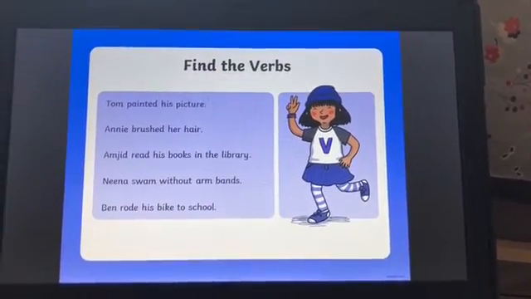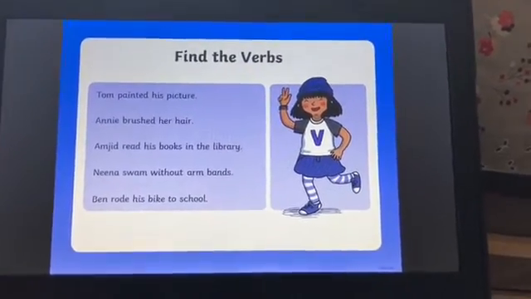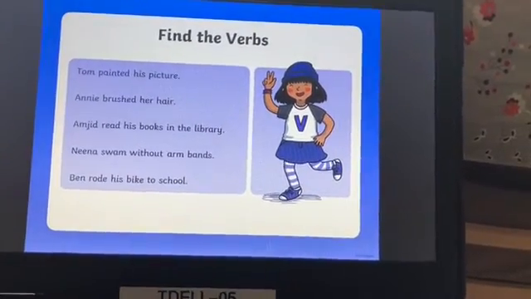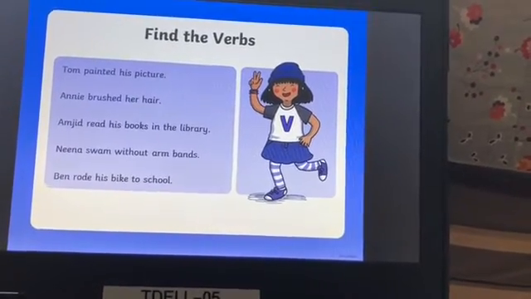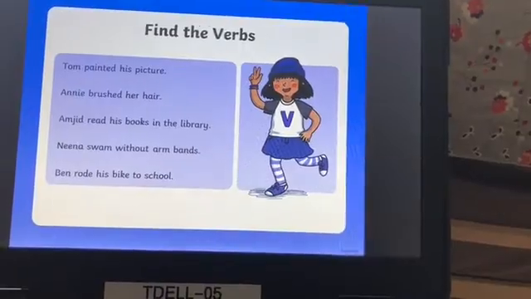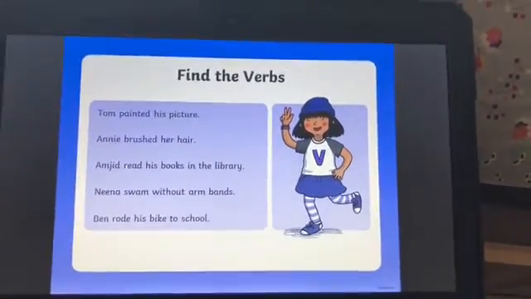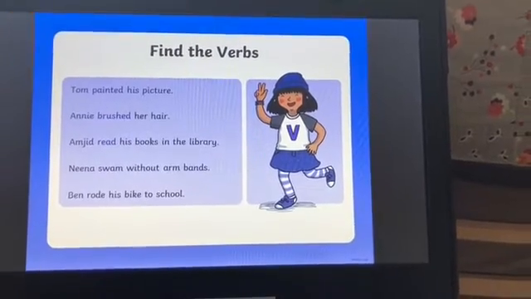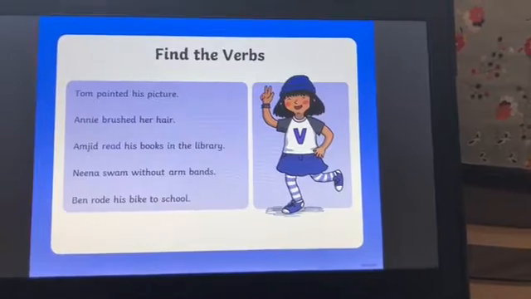So the verb in that sentence is, absolutely right if you said brushed. What is happening in this sentence? Amjad read his books in the library. What is the verb in that sentence? What is Amjad doing? If you said read, then you're absolutely right.